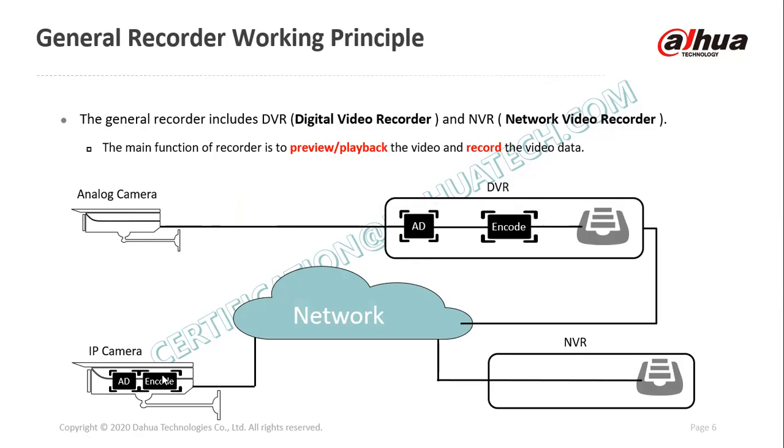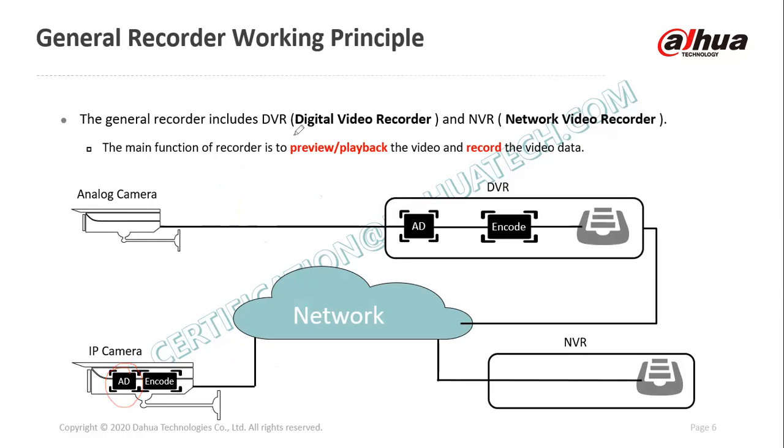Then in an IP camera, the signal that is being transmitted is a digital signal. So in analog, you need to convert the analog signal in transmission. This signal here is an analog signal, while this signal here is a digital signal because the signal has been converted from analog to digital here, from this point at the camera.